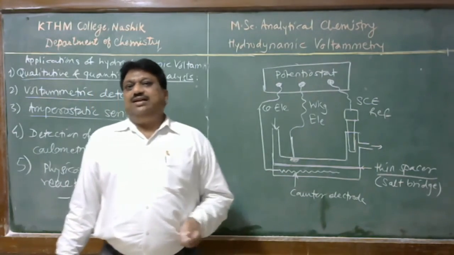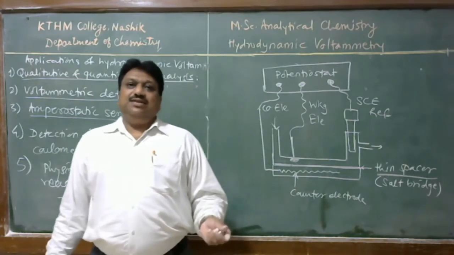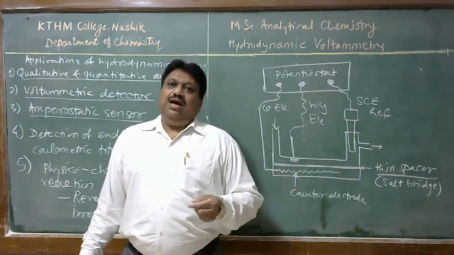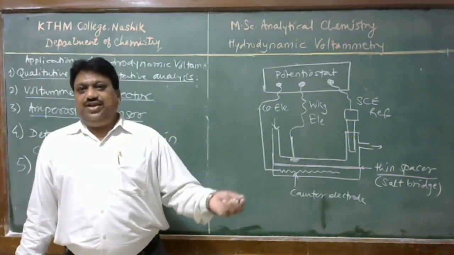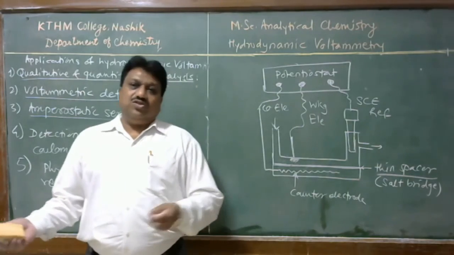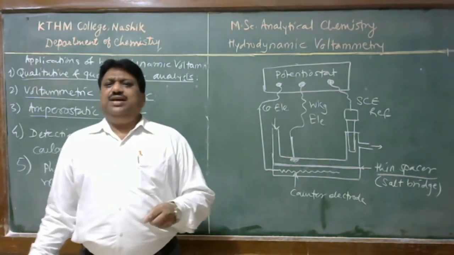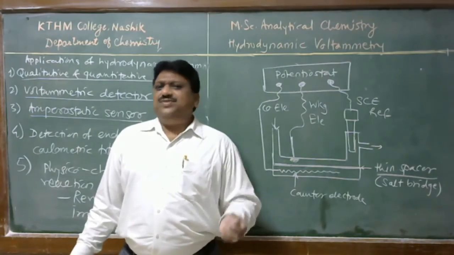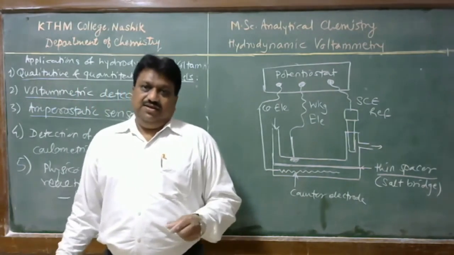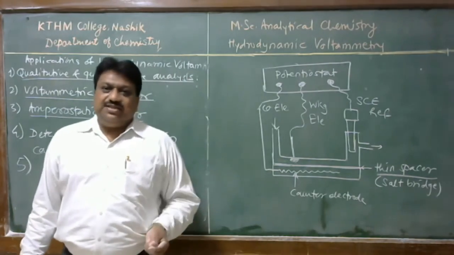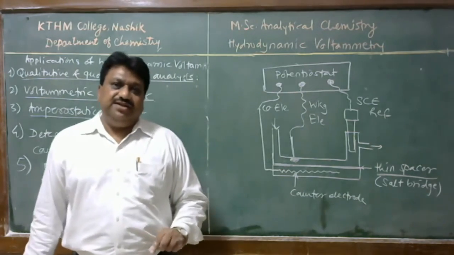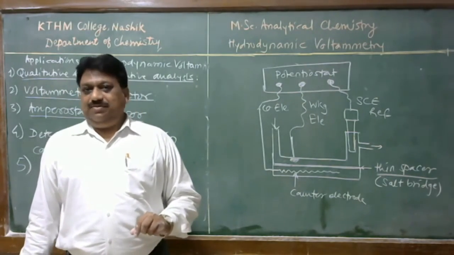If oxidation current and reduction current both appear at the same value, that indicates the reaction is reversible. And if the reaction undergoes oxidation but further reduction is not possible, then we do not have a reduction current. Therefore, here oxidation current is observed but reduction current is not, and at that time the reaction is irreversible. So the course of reversible and irreversible reactions can also be studied by this hydrodynamic voltammetry.